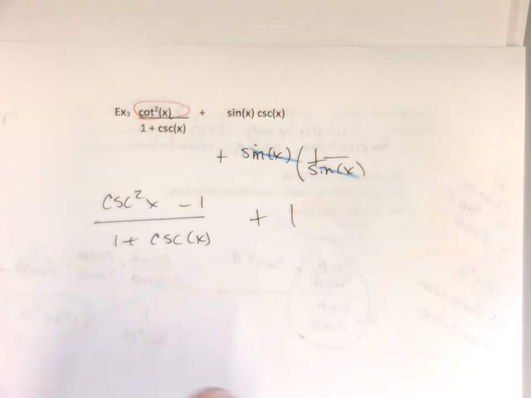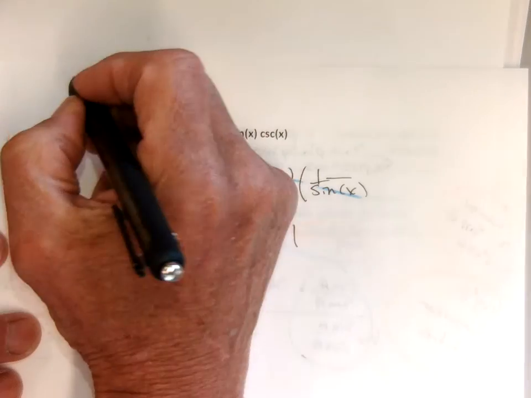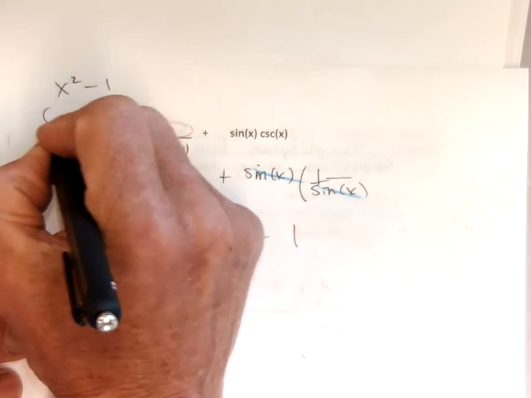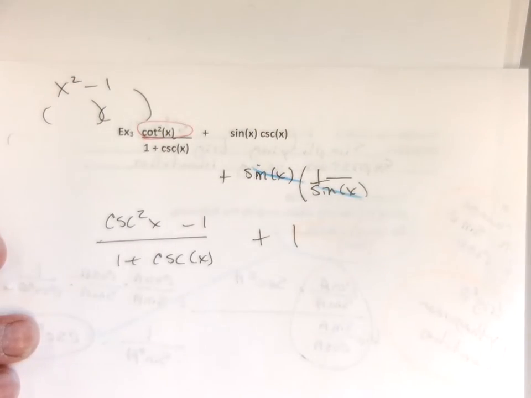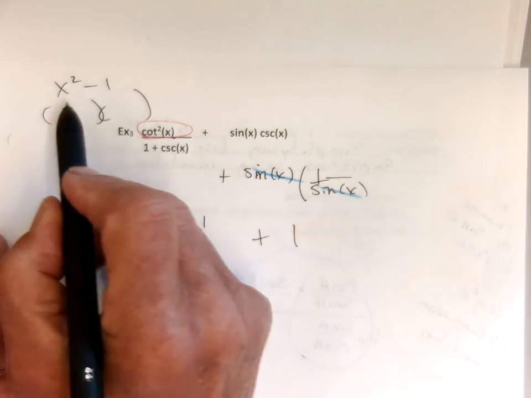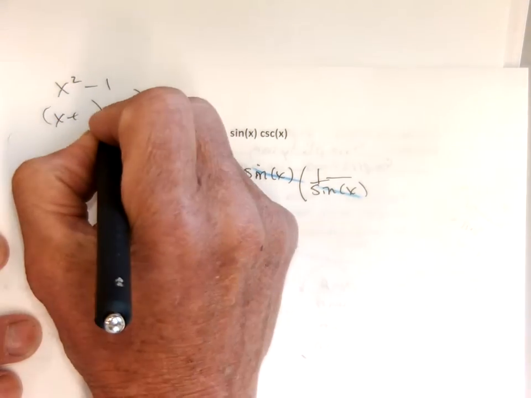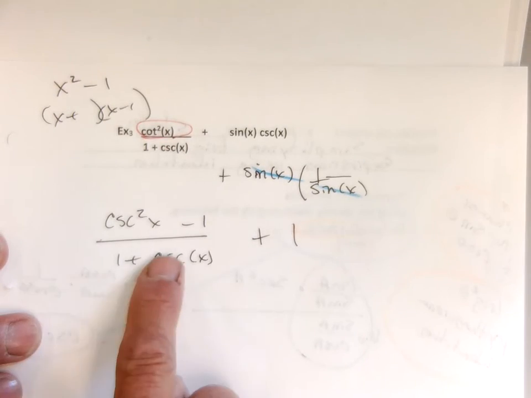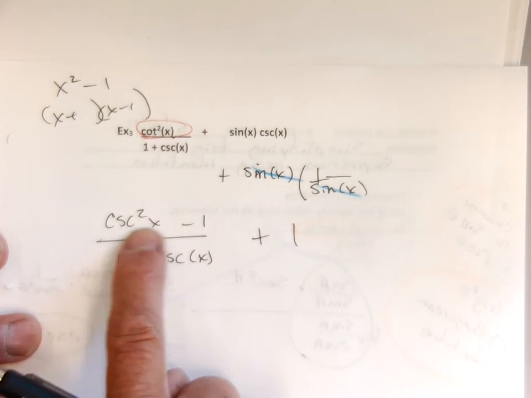Now, up above, I'm going to do a little bit of algebra, which, of course, you guys know how to do. If I had x squared minus 1, I wanted to factor x squared minus 1: x plus 1, x minus 1, right? The difference is, instead of x squared minus 1, it's cosecant squared minus 1.